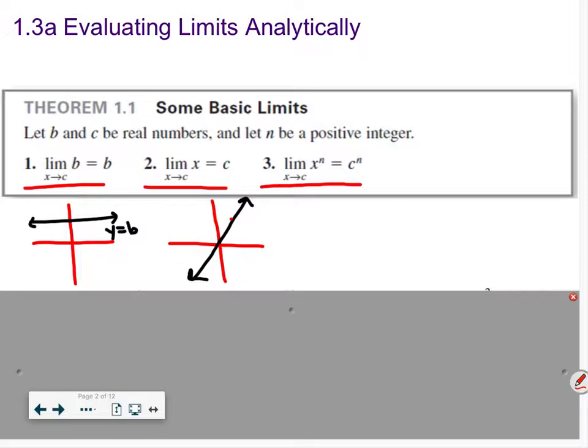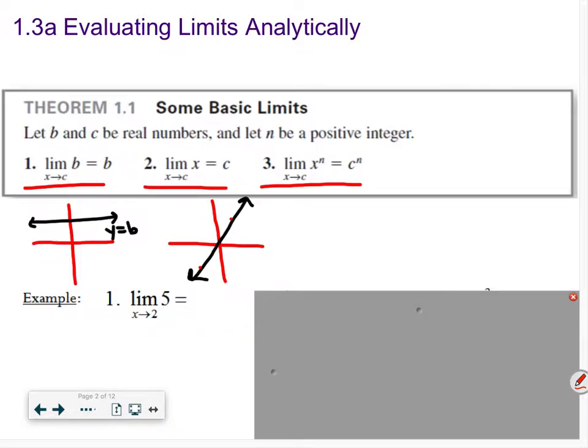If I ask you for the limit as x approaches -2, the y value is -2. And that's going to be true for any polynomial. Essentially what I'm asking you for is the y value, right? As long as we don't have any holes or asymptotes, we can take this number right here and plug it into our function to figure out what the y value is. So when I'm asking you for a limit, I'm asking you for the y value that we're approaching. As long as there's no holes, we have nothing to worry about. We can just plug that number in.